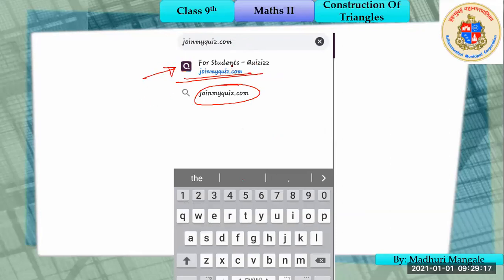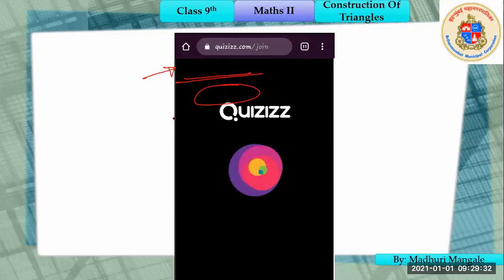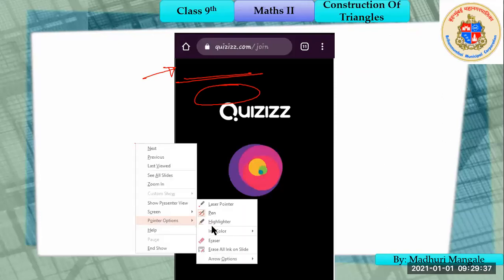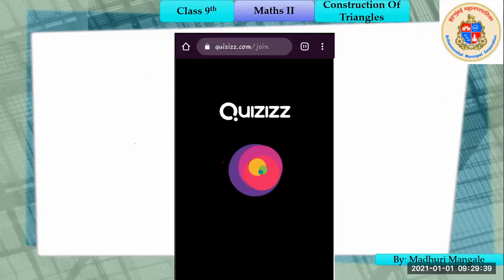You need to click on that. Once again, it's joinmyquiz.com. When you type in that and enter, you will get some links. Click on the link which says for students, and once you're done with it, you will be able to see this page which shows quizzes.